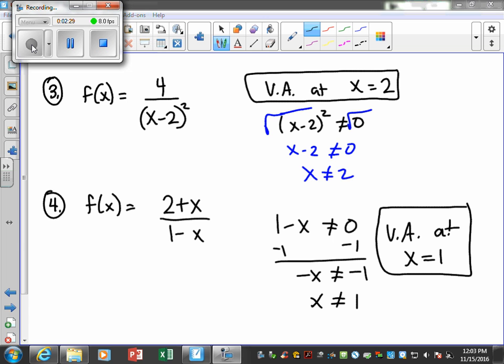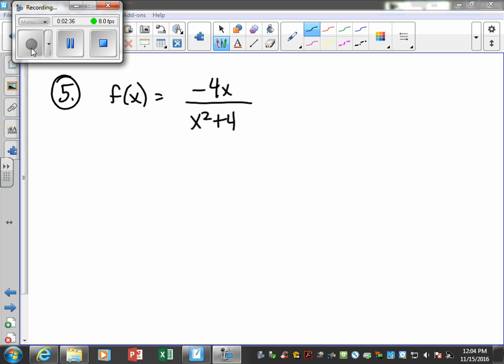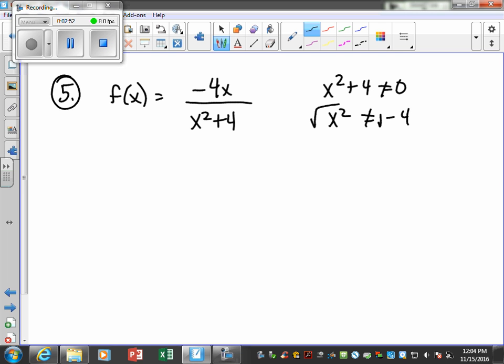Okay, so you remember doing this. We did some work with this in college algebra and in pre-cal. So we'll have our denominator not equal to 0, which gives us x squared is not equal to -4, and then we take the square root of both sides.